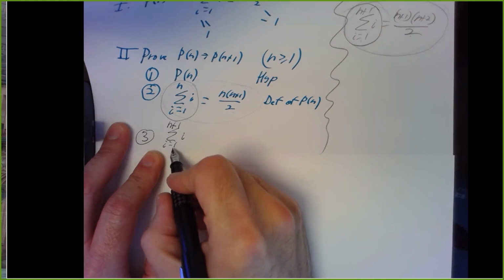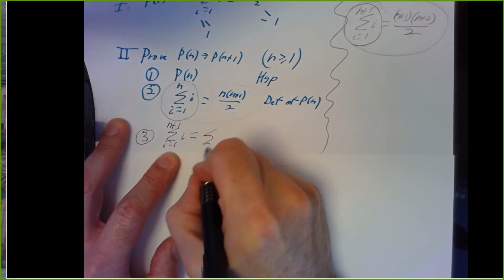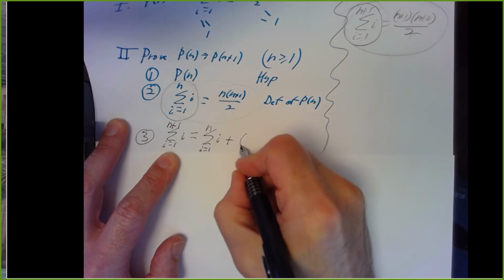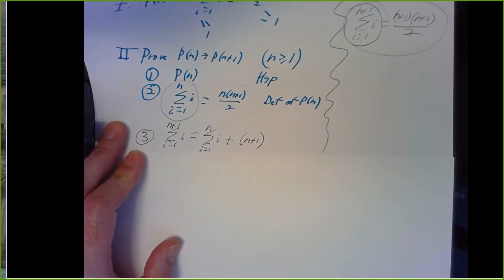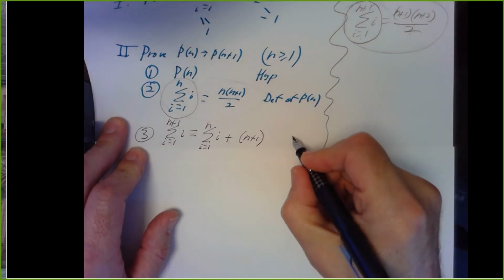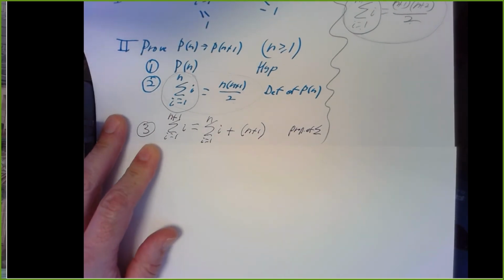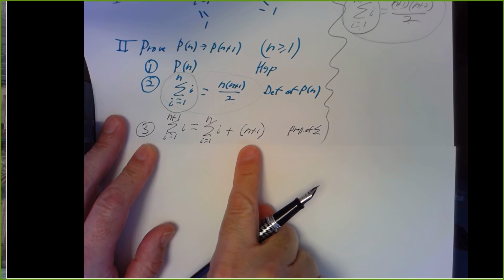I'm going to say the sum from i equals 1 to n plus 1 of i is equal to the sum from i equals 1 to n of i plus n plus 1. Right? This comes out of properties of summation. Because this is just adding the terms up to n, and this is the n plus first term.